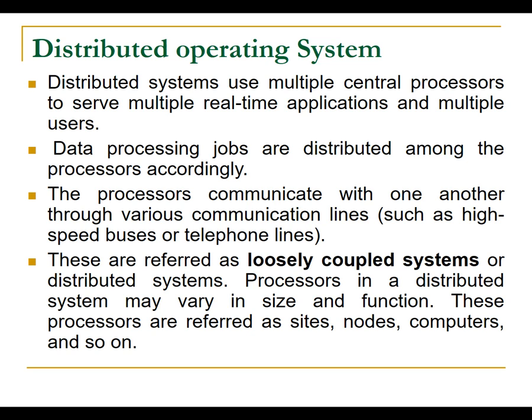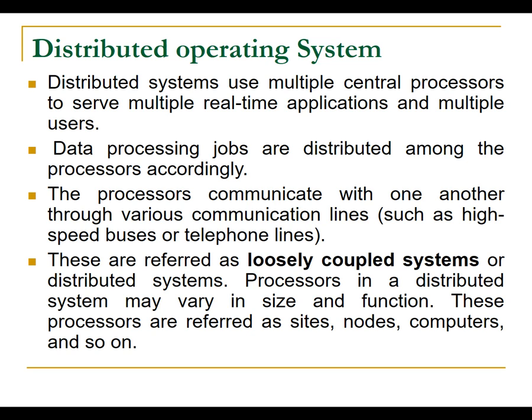So in short, what I want to say in my topic number 3 is, no doubt processors are separately located at different locations, but they communicate with each other through a single communication channel. That communication channel might be a telephone line or a high-speed internet connection line.